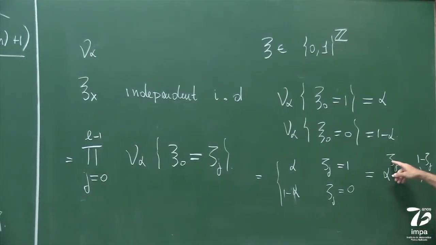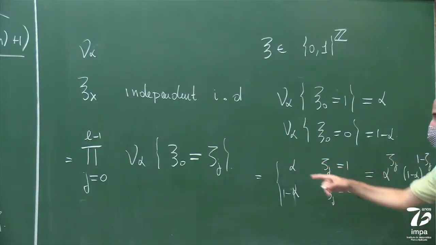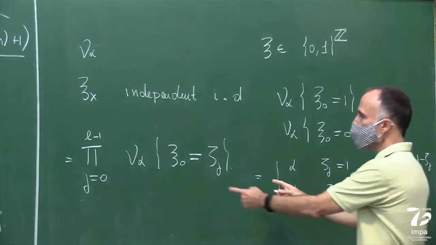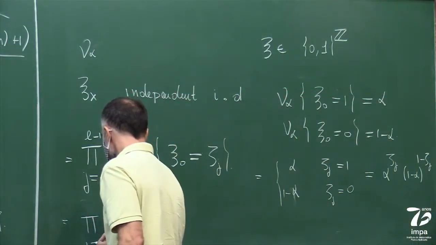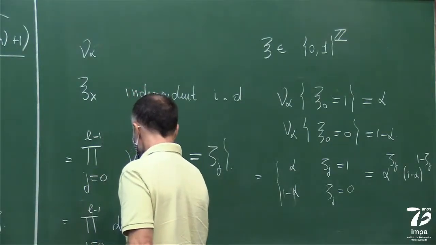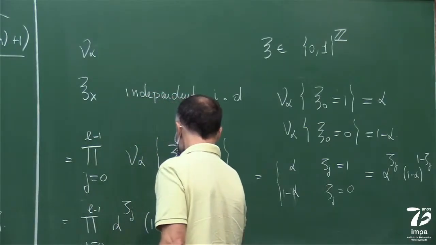Because if zeta j is 1, this is 1 and this is 0, I get alpha. If zeta j is 0, this is 0, so I get 1 minus alpha. So let me replace this probability by the product, j equal to 0 up to L minus 1, of alpha to the zeta j, 1 minus alpha to the 1 minus zeta j.